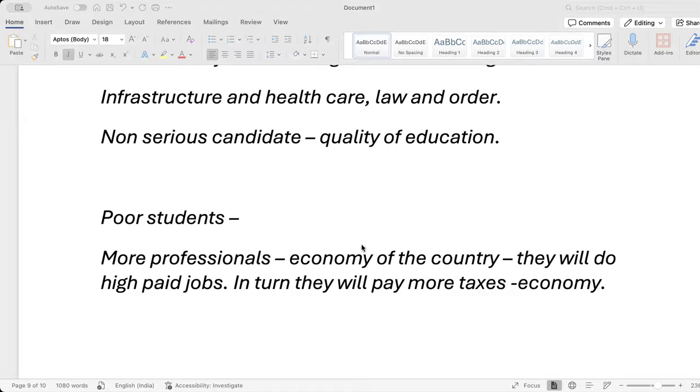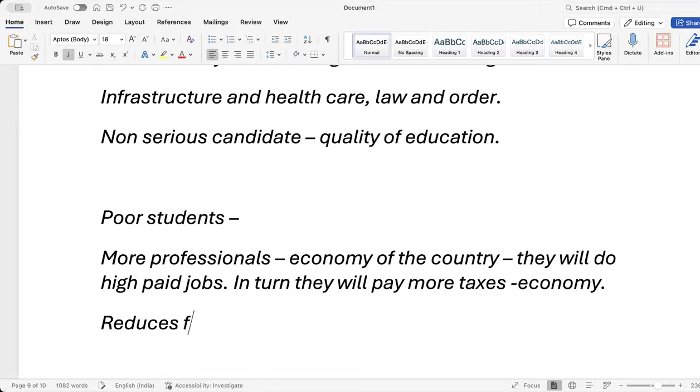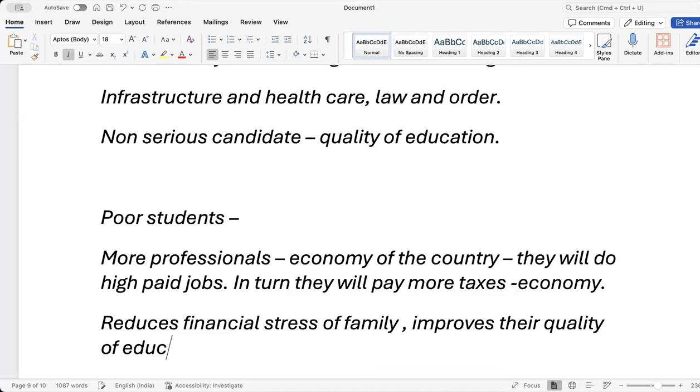So, reduces financial stress on families and improves their quality of life. We'll go with the point that Sapna mentioned. So we'll say reduces financial stress on families, and they have more money for other things, so it improves their quality of life because they can spend more money, right? Like they can spend more on other things. So it improves the quality of life for families. So we can have this point.